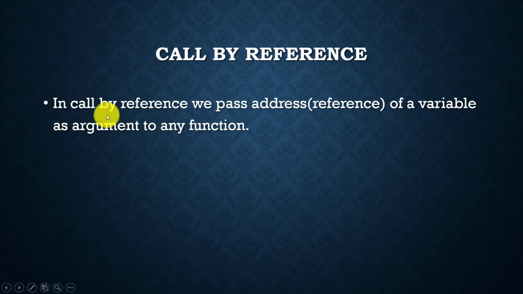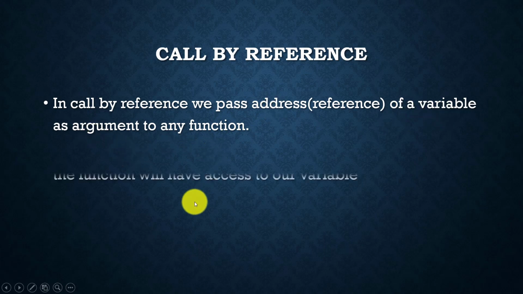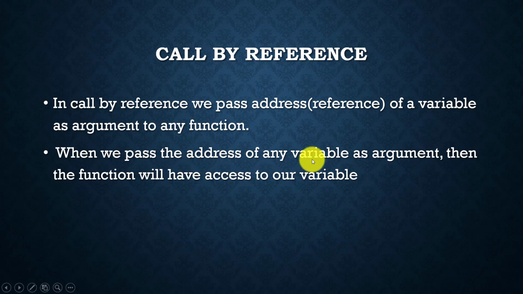Now what is call by reference? In call by reference, we pass an address. We pass a reference of a variable as an argument to a function. When we pass the address of a variable as an argument, the function gets access to our variable, by manipulating the address to get the value at that address.